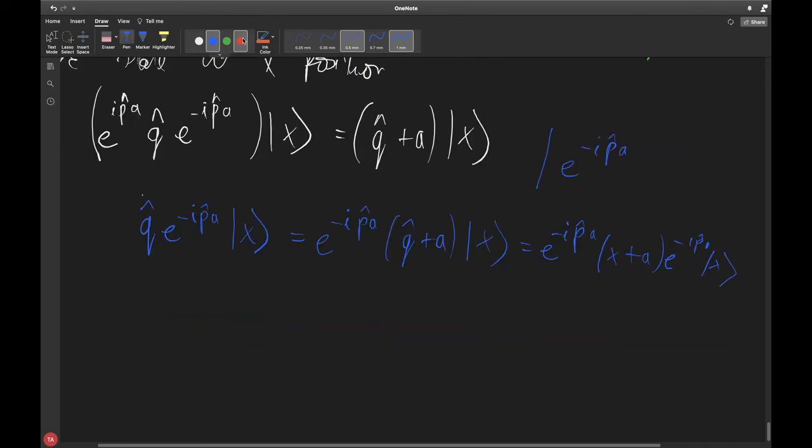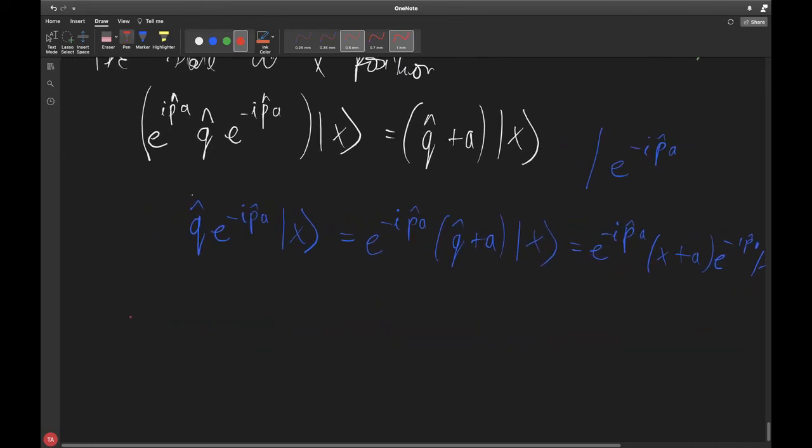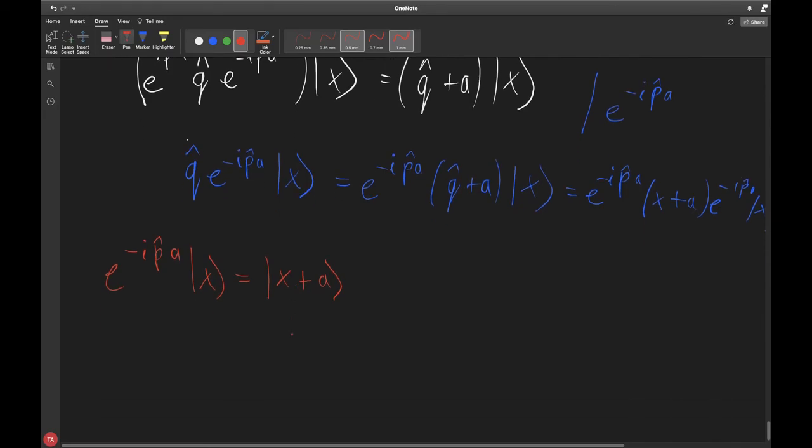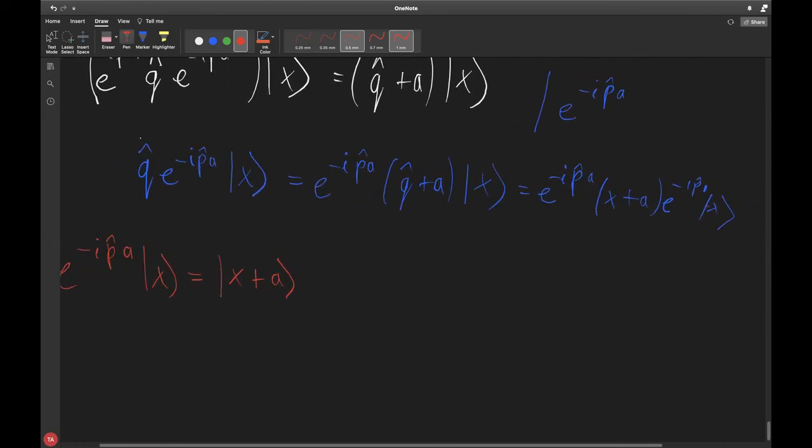So the conclusion from all this is that e to the minus i P operator a acting on the x state is the same as the state x plus a. So this was denoting where we are, and that's what we got here.